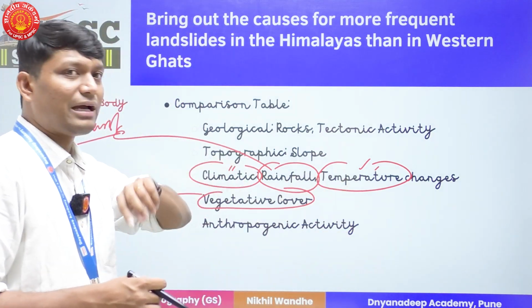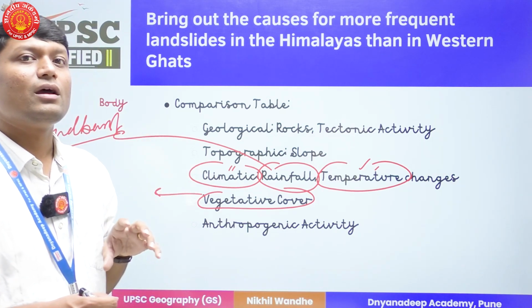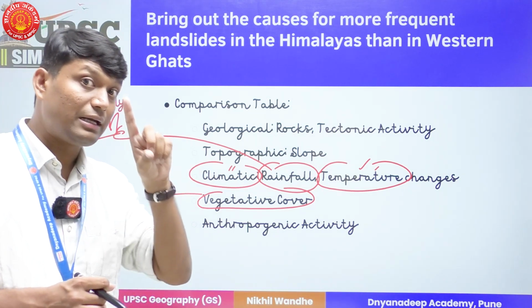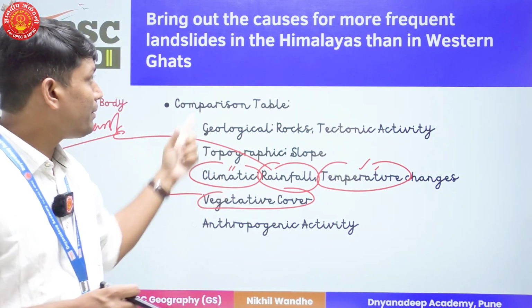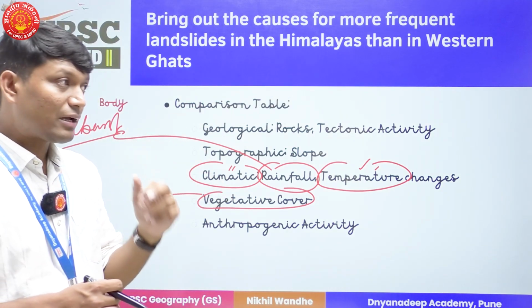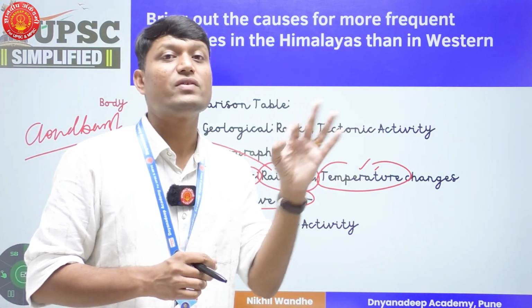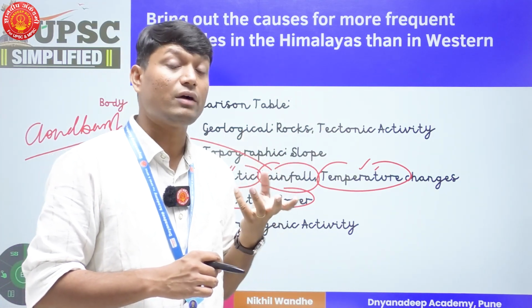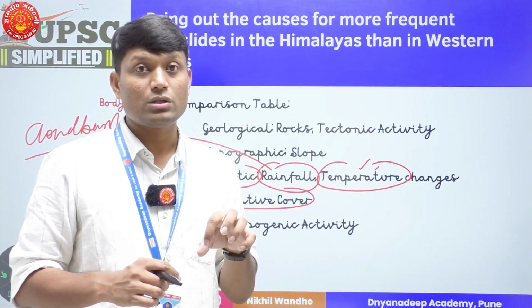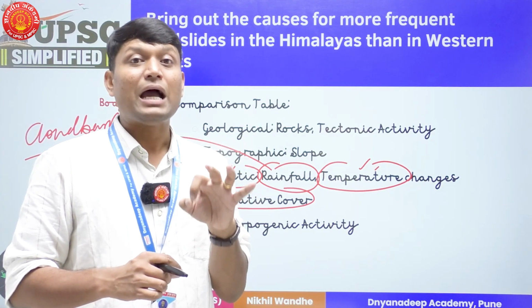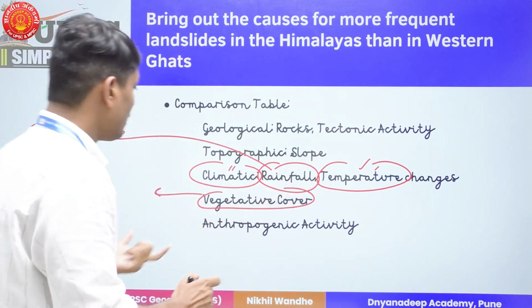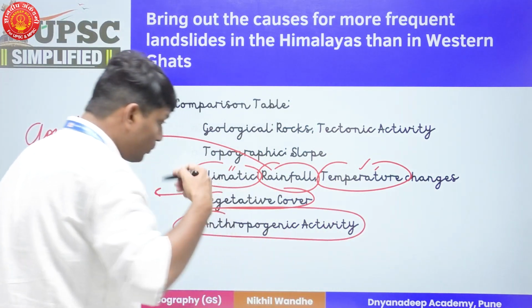When it comes to Himalaya, the southern face has a good vegetative cover, but it is not as dense as compared to the Western Ghats. If I go for the northern slopes of the Himalayas, they have a very rare vegetative cover, and since there is no vegetative cover, the soil there is very loose, unconsolidated, and prone to landslide.